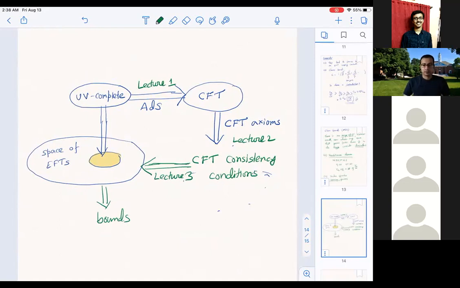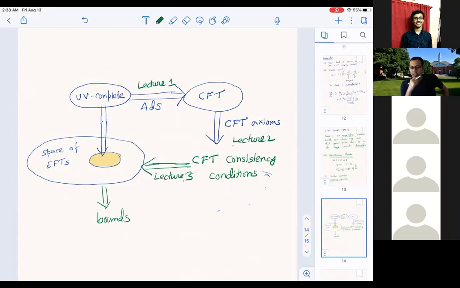Sandipan, can I ask a couple of questions? Your technology, is it going to give you two-sided bounds or only one-sided bounds? Two-sided. And is that going to be quite general or only for a few cases?